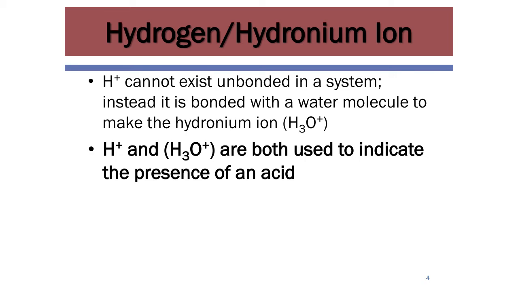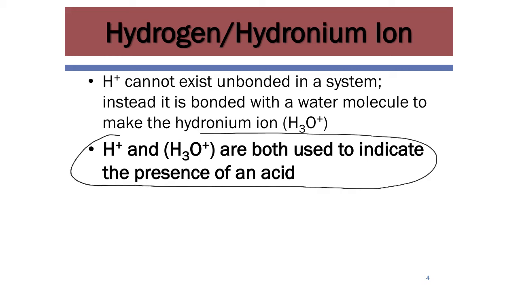Now, on our chart, we wrote acids have or will ionize to produce the H plus or H3O plus ion. So we need to know that these can be used interchangeably to indicate the presence of an acid. In actuality, the H3O plus ion, the hydronium ion, is the more accurate representation because the hydrogen ion cannot exist unbonded in a system.